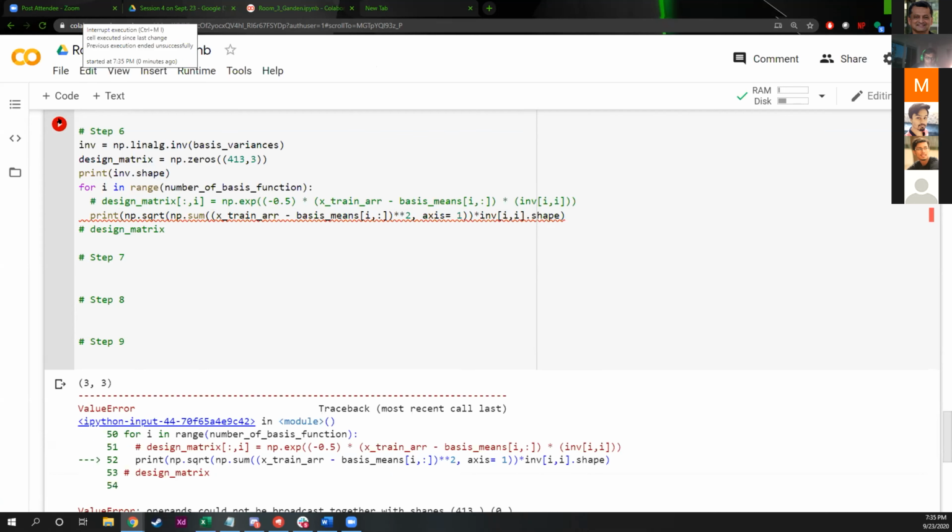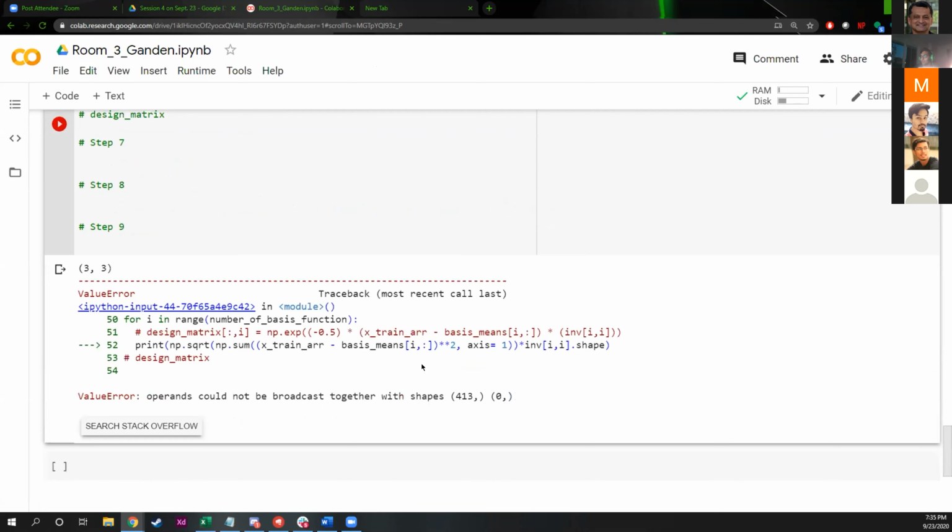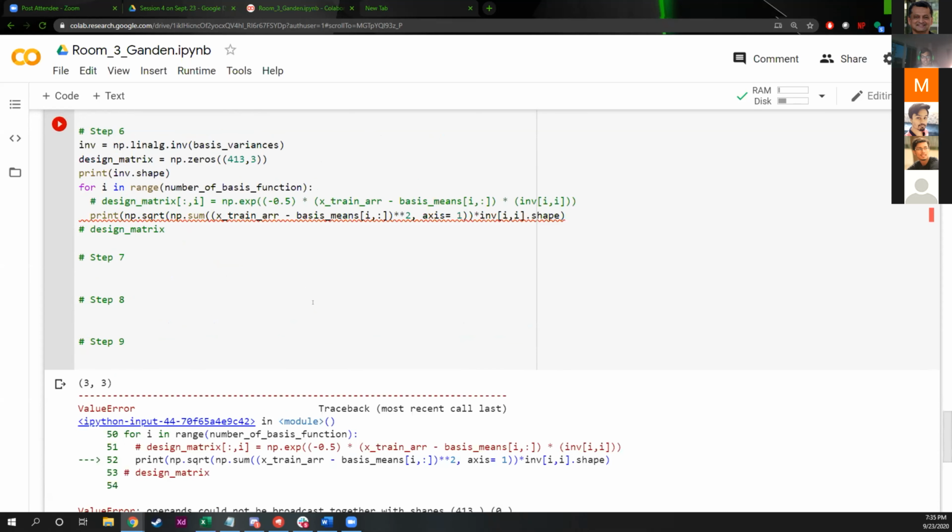Can you scroll down to the error? Operands could not be broadcast together with shapes 413, 3, and 10. Can you print the shape? Okay. Fine.